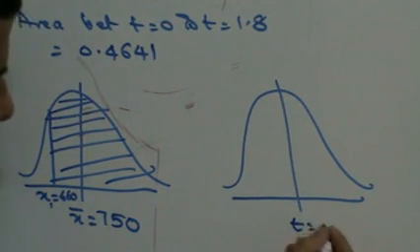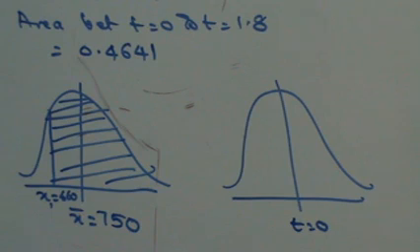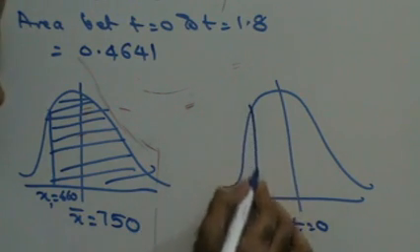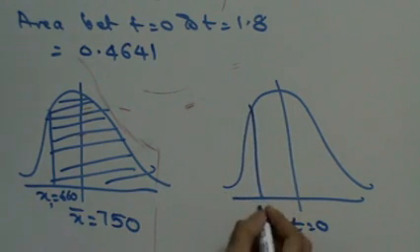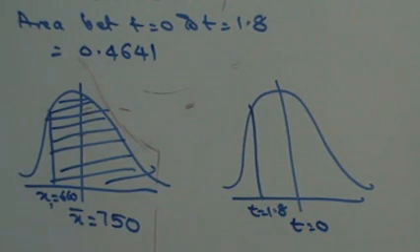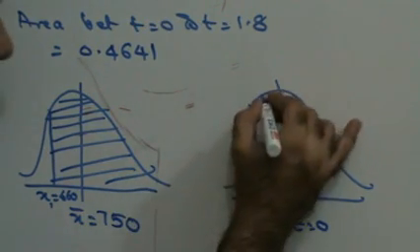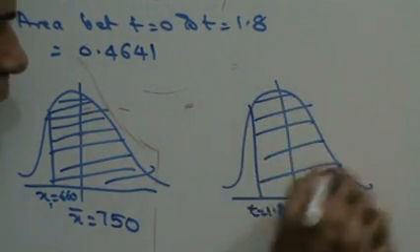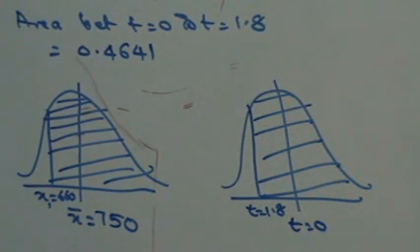For the normally distributed data, T is equal to 0, and here, T is equal to 1.8. Whatever is the shaded region for actual data, the same will be the shaded region for normally distributed data. I already explained to you that the bell curve is symmetrically divided and the area of each half is 0.5.